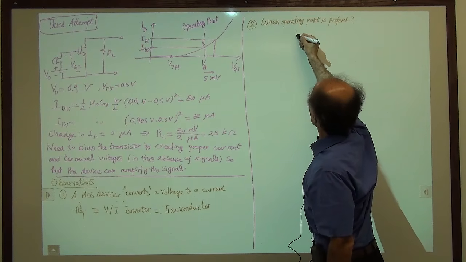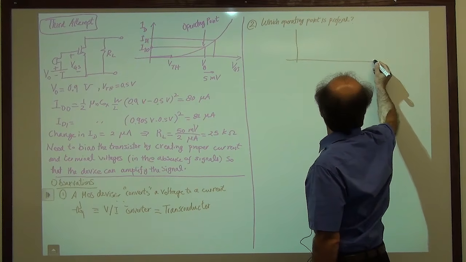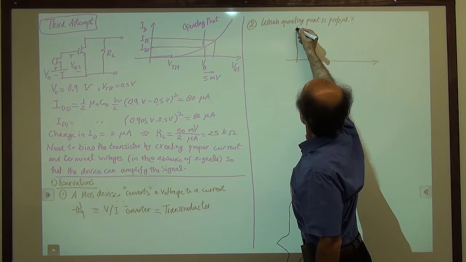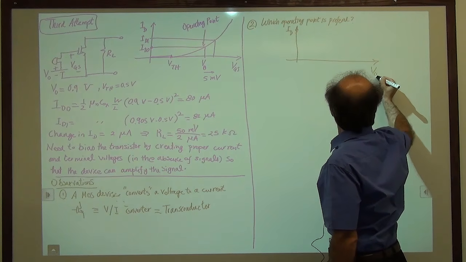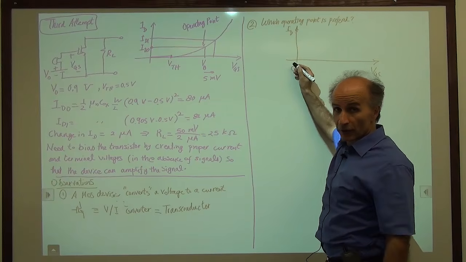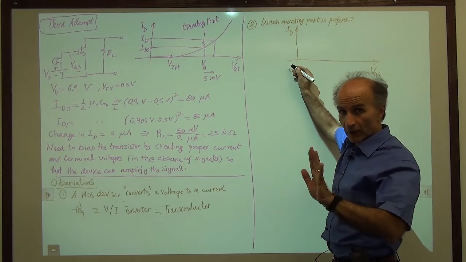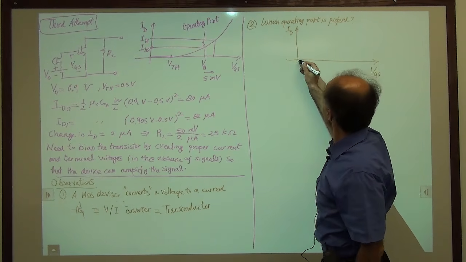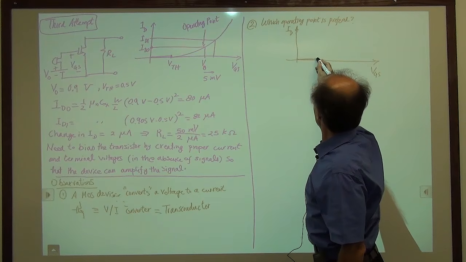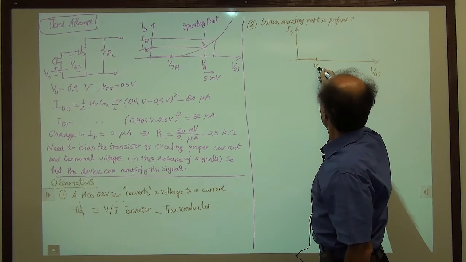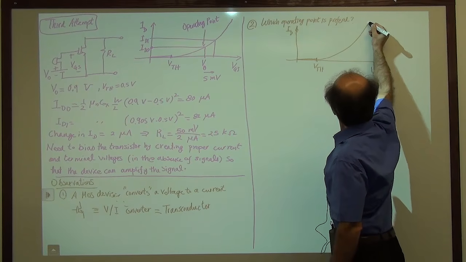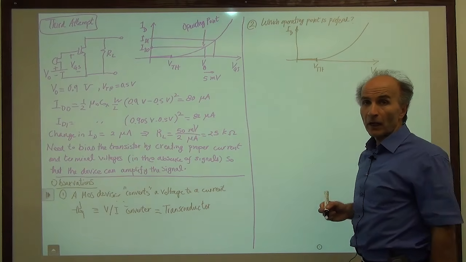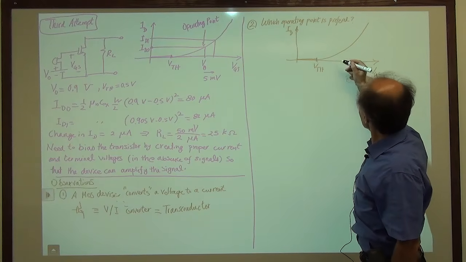Here are two scenarios, and I want you to tell me which one of these is preferred, ID versus VGS. So we have a device in saturation, so always in saturation unless otherwise specified. So we have a device in saturation, and what we see is this general behavior, right?